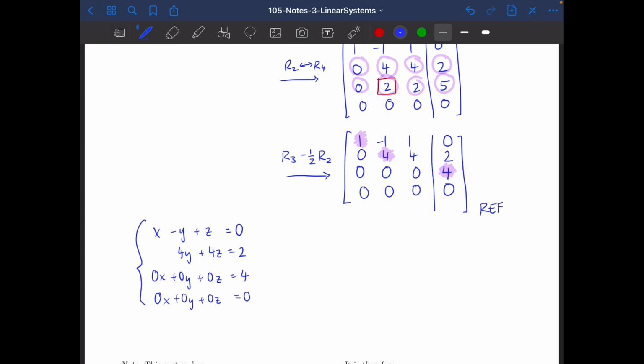Now the last equation gives us that 0 is equal to 0. That's fine. But the third equation gives us that 0 is equal to 4. Since 0 is not equal to 4, that's inconsistent.